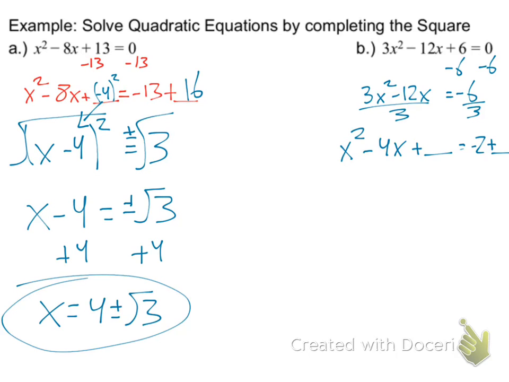Just remember, sidebar here, if b happened to be 5 halves, what's half of 5 halves? It's not 10 halves. Couldn't I just multiply it by half? So there'd be 5 over 4. So basically take any fractions and multiply it by half instead of taking half. That might help you guys out.